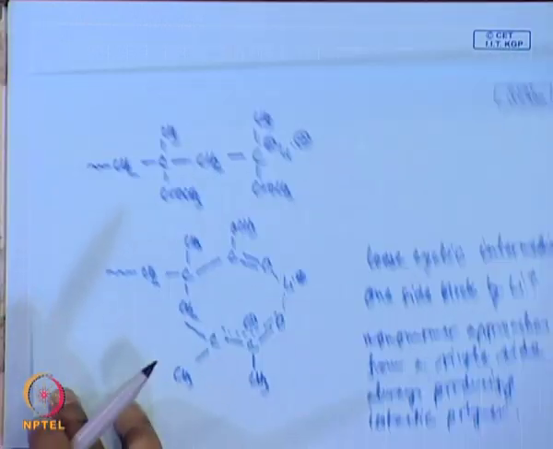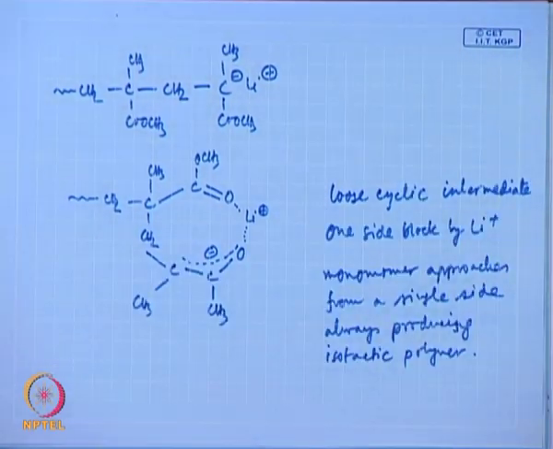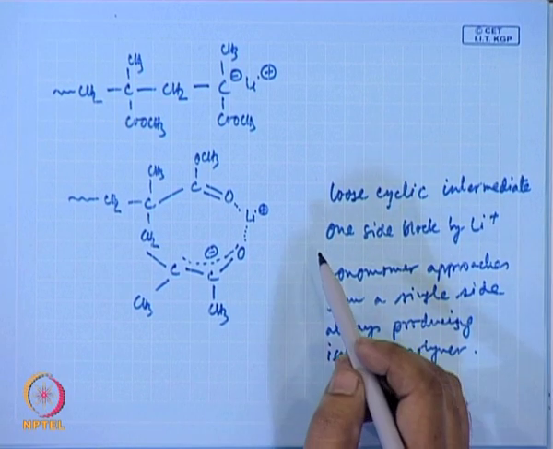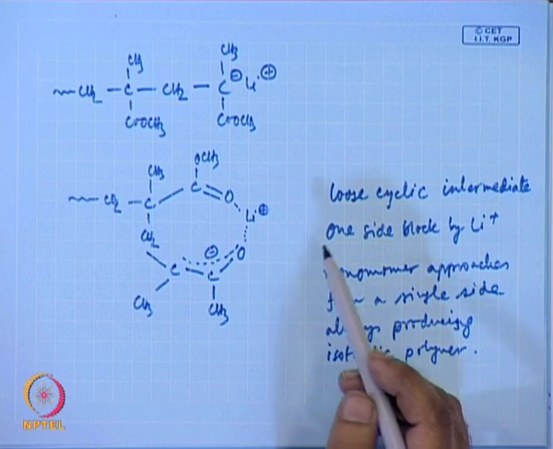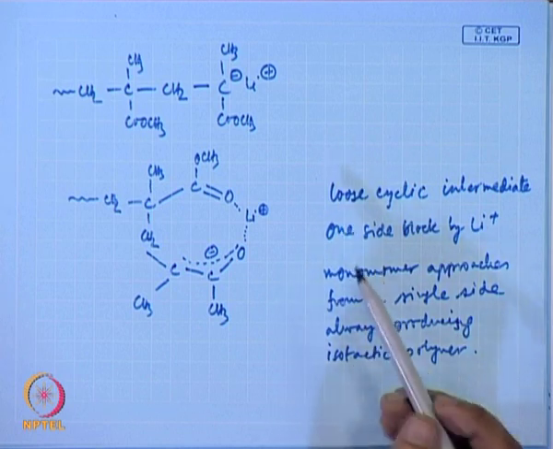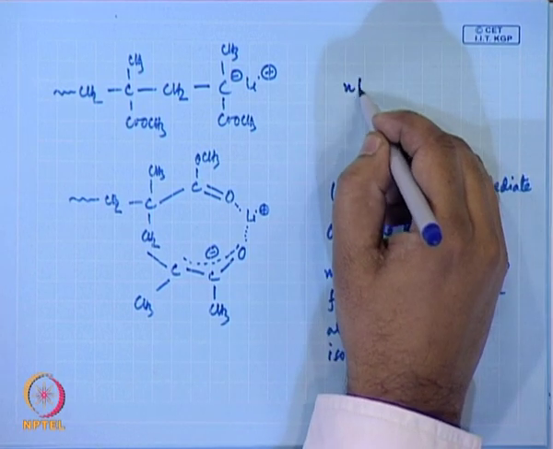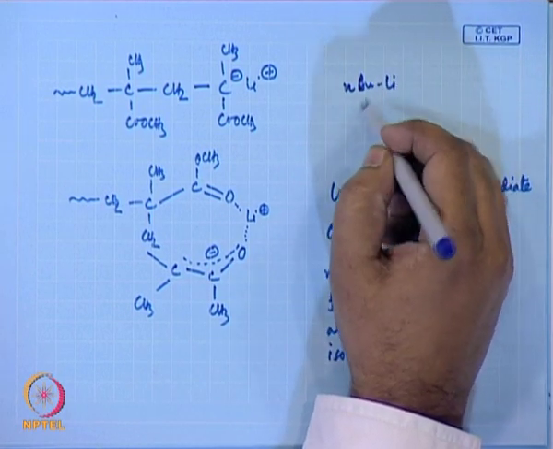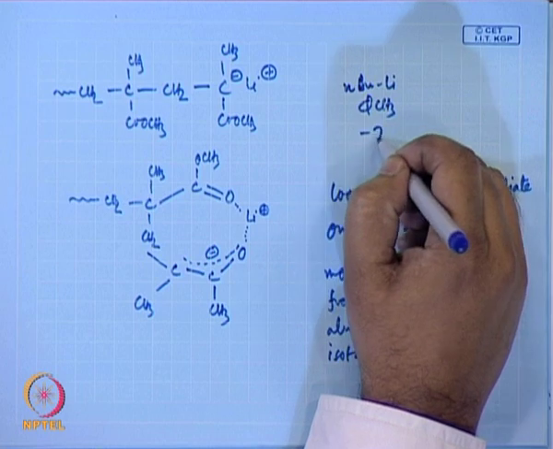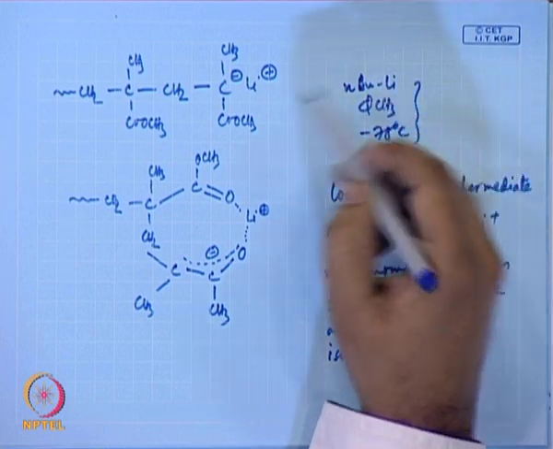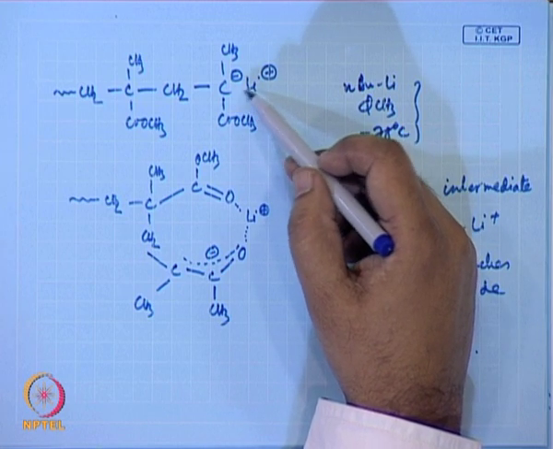Now, let us take the example of methyl methacrylate. If we take methyl methacrylate and do a reaction with an anionic initiator, for example n-butyl lithium, in toluene, a non-polar medium, at minus 78 degrees, this condition will ensure that the carbanion chain end and the lithium counterion are strongly bound to each other.